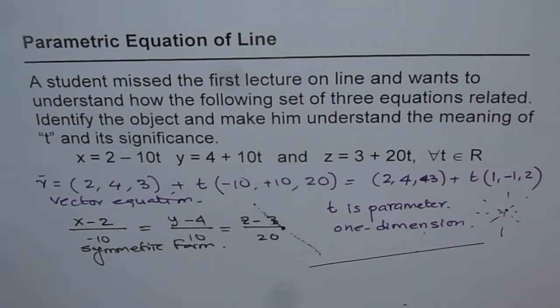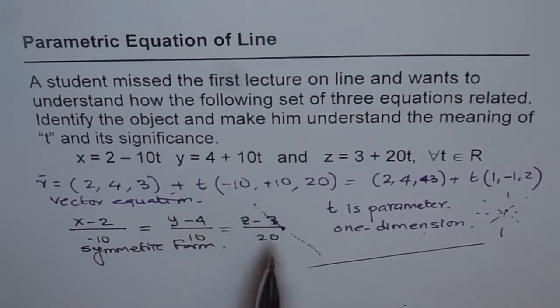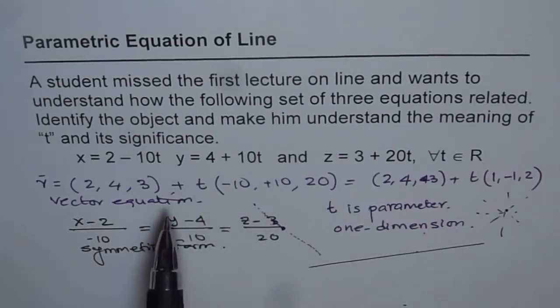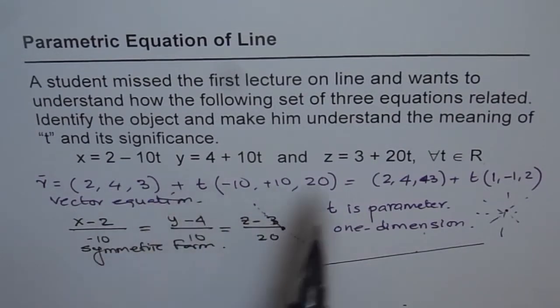But in any case, I hope you understand this particular equation, which is called the parametric form of the equation for the line. And it is very helpful. You can find x-intercepts, y-intercepts, xy-intercepts, and so many things with this form of the equation. For example, if you have to find the intercept of this line with the xy plane, in that case z is 0.